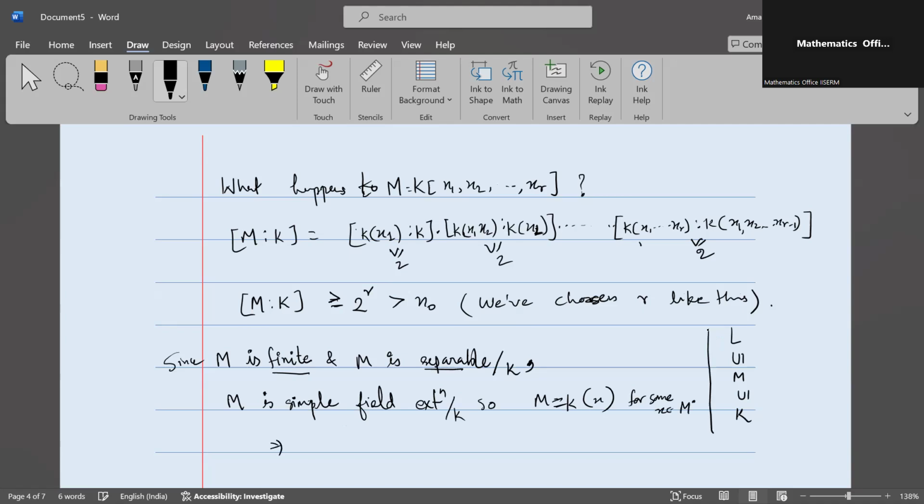This implies K(x), so star implies. This is our contradiction because for a simple field extension we have degree of extension less than or equal to n naught, right?